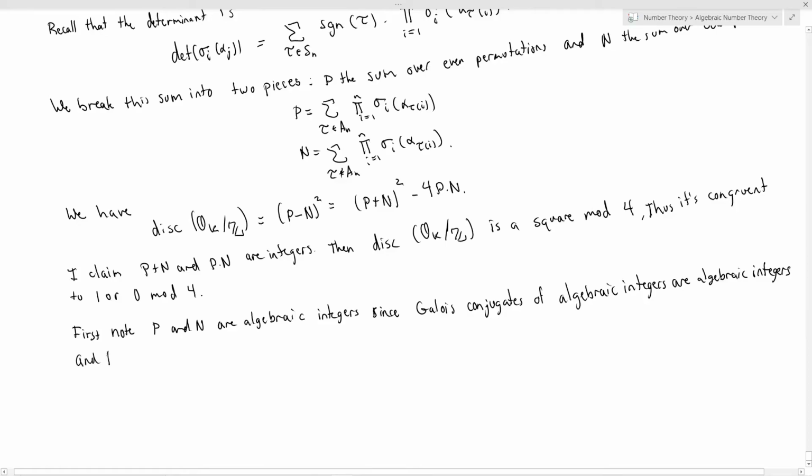P and N are products and sums of these. So since Z is integrally closed, it suffices to show P plus N and P times N are rational numbers.